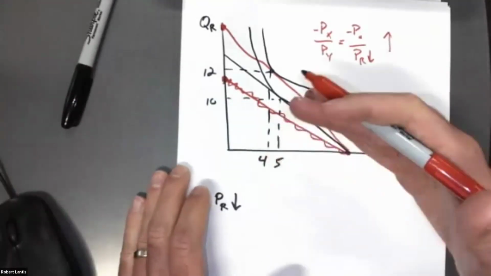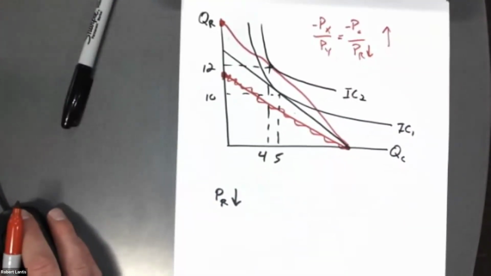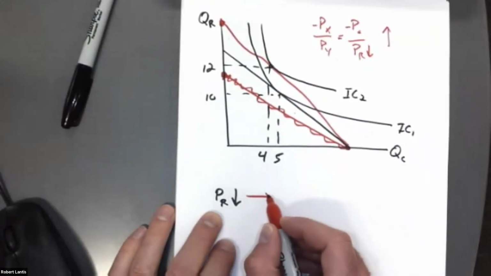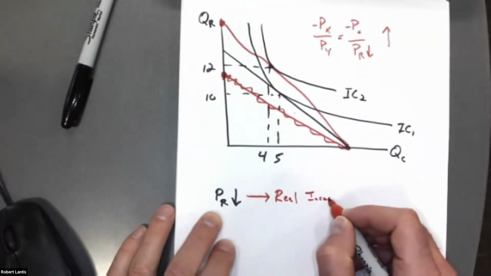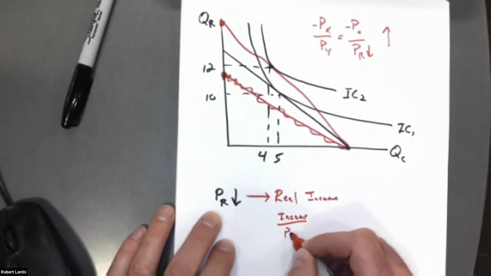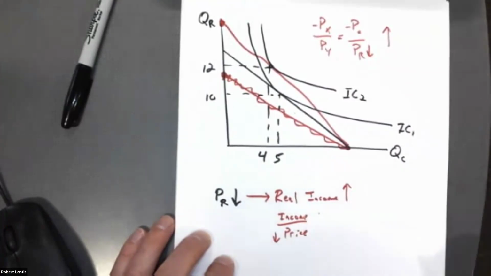So in between, we could draw this hypothetical budget constraint, but we can also just use shorthand. We said we know that if the price goes down, what's going to happen to my real income? We said we can think of real income as just income over price. So if prices go down, my real income goes up.